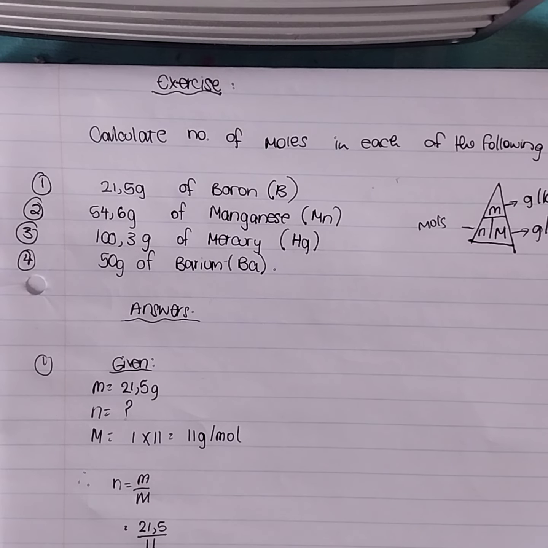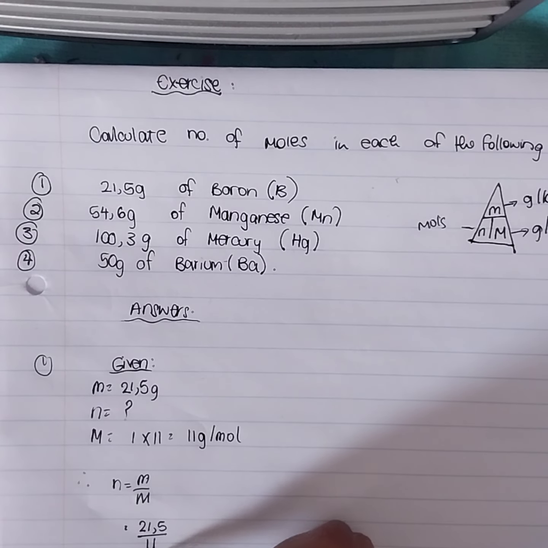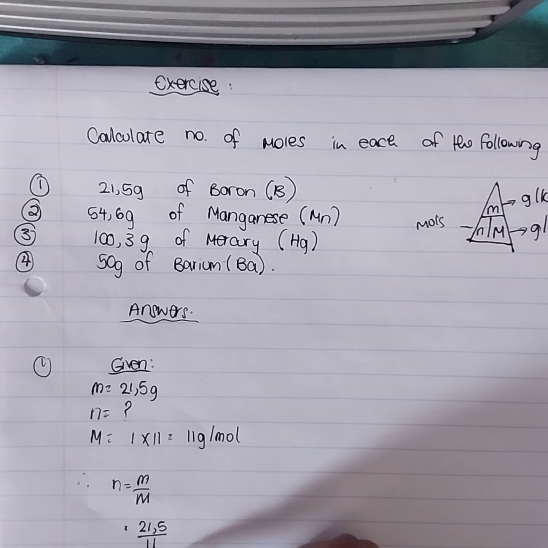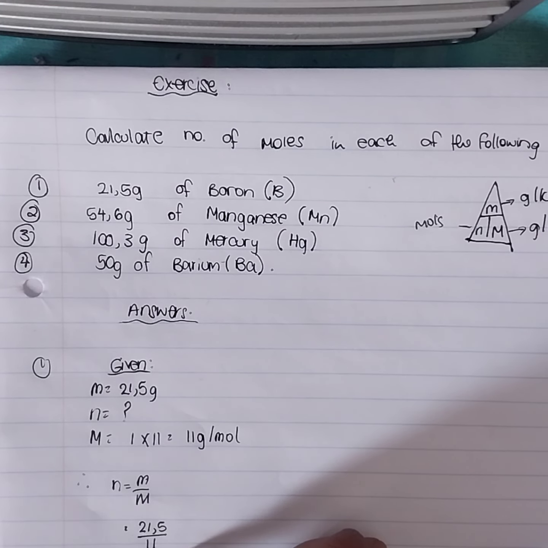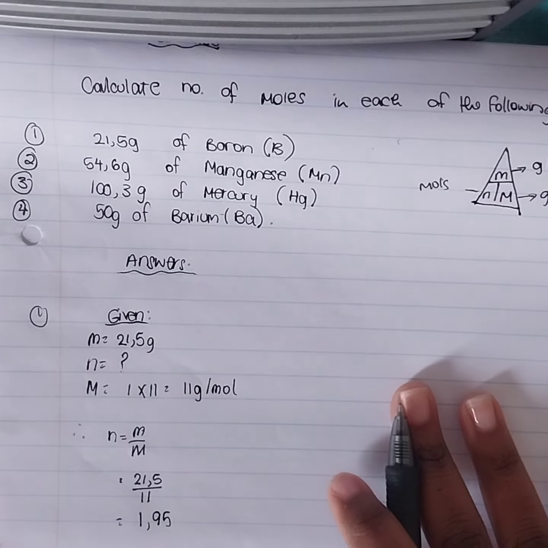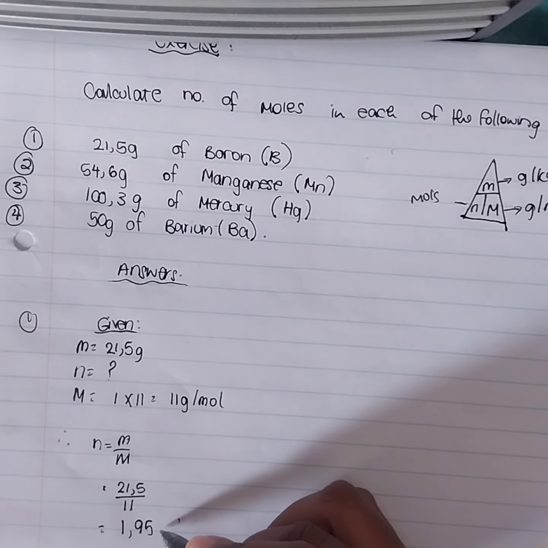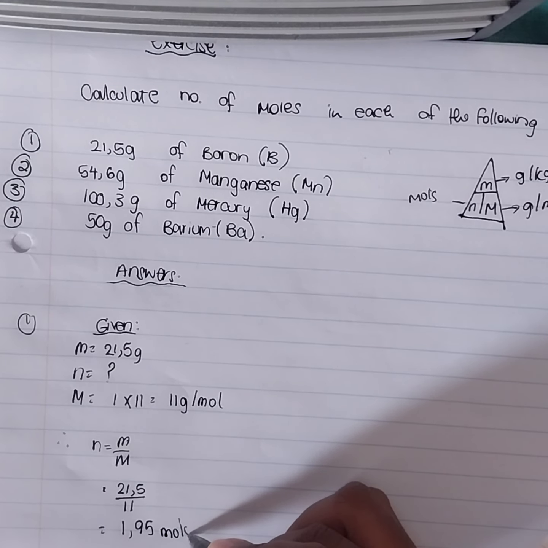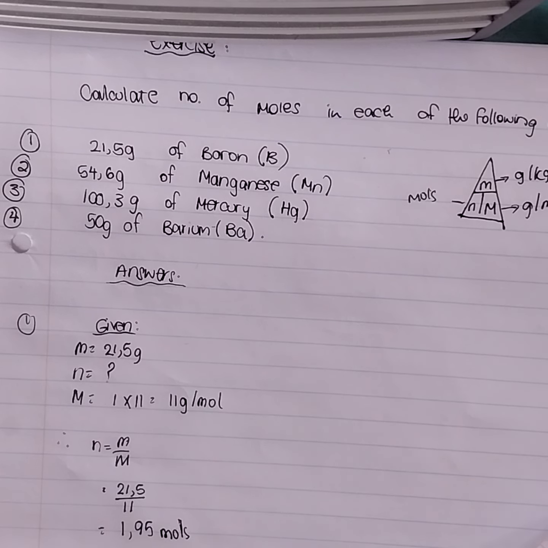Over what? 11 is going to give me. You must round off your answer to 2 decimal places if needed, but I always do. And what is the unit for your N? Let me just do this for you guys. It's moles, all right? This is your unit. And that is your answer.